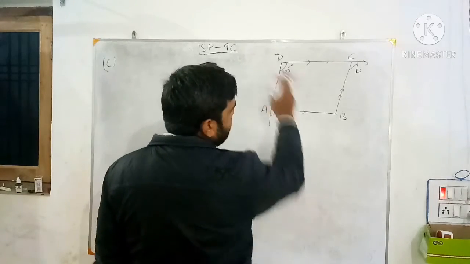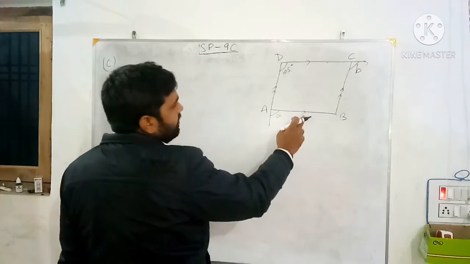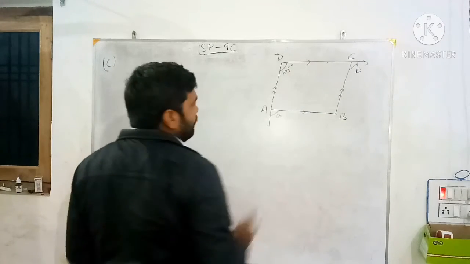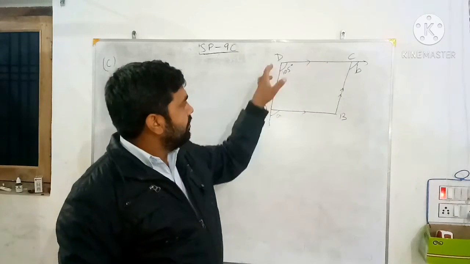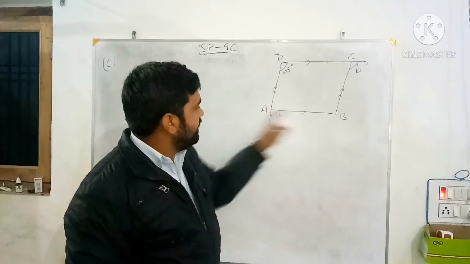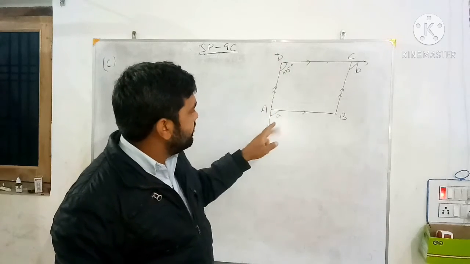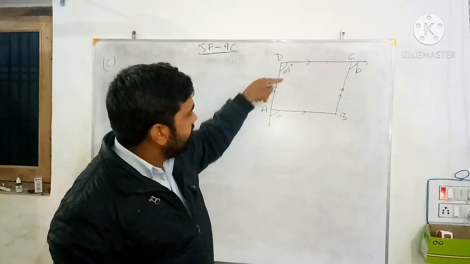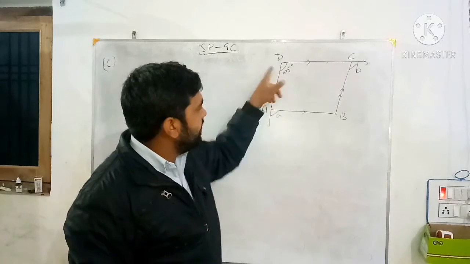Line AD is parallel to BC and line DC is parallel to AB. See, this is the mark of the parallel lines, these two arrows. We have to find angles A and B. Now CD is parallel to BA and DA is the transversal. This DA is intersecting these two parallel lines. So one angle inside the parallel lines and one angle outside the parallel lines on the same side of the transversal. As you can see, this is the letter F.